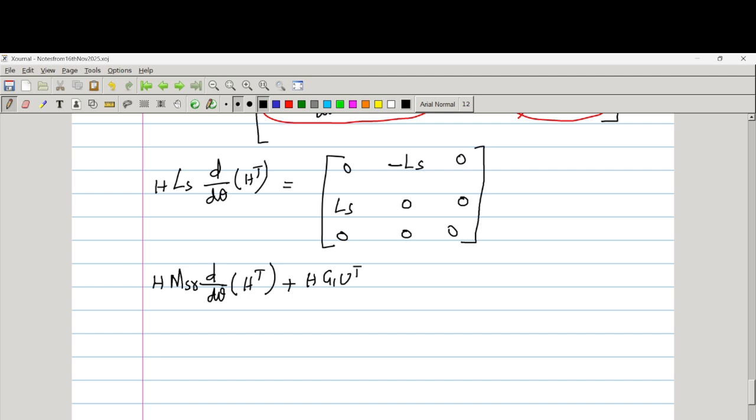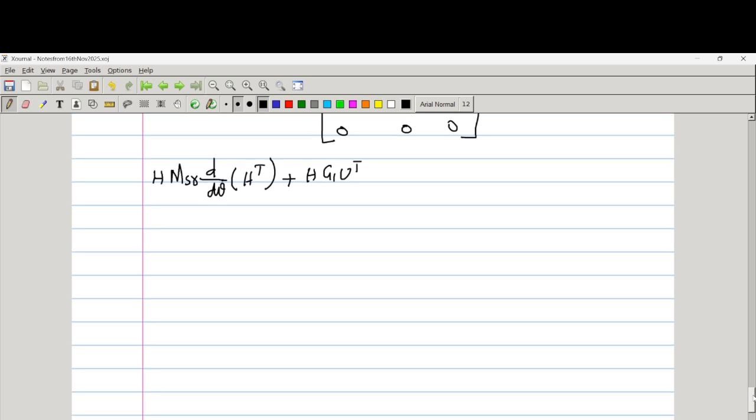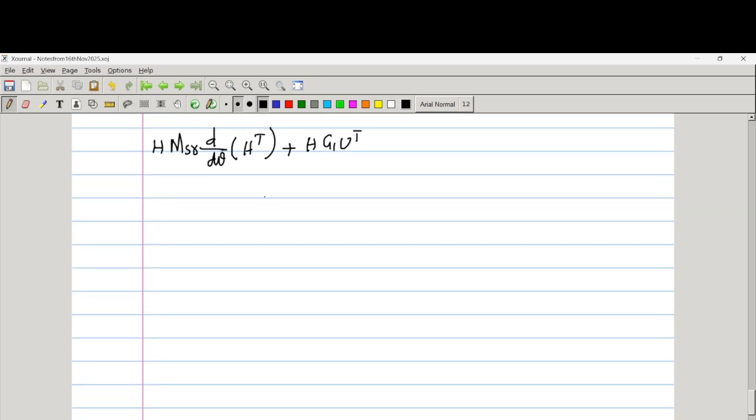When we do the multiplication, we will end up with the final answer as 0 minus M 0, then M 0, 0, then 0, 0, 0. So finally we will arrive at this equation.